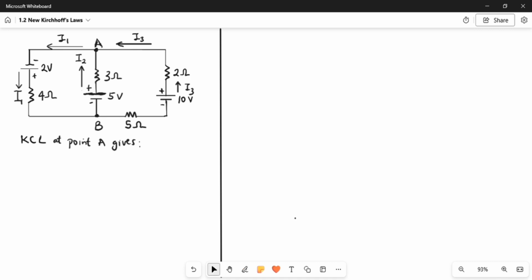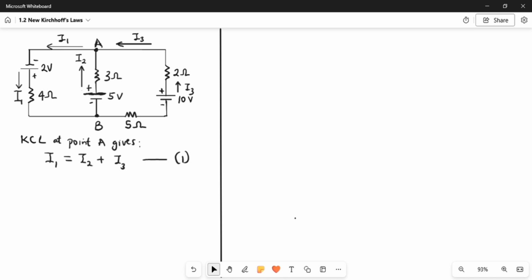So if I2 and I3 are entering into point A and only I1 is leaving, then it implies that the sum of I2 and I3 will give us I1. So we can definitely say applying KCL at point A will give us I1 is equal to I2 plus I3. Let's call this one equation 1 because we'll make reference to it as time goes on.